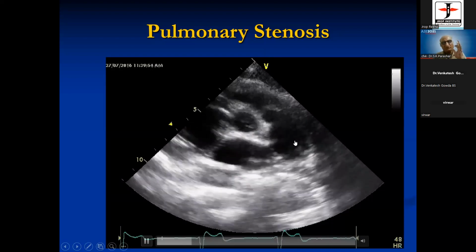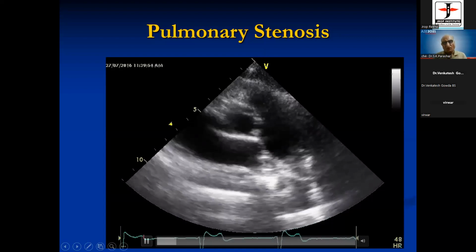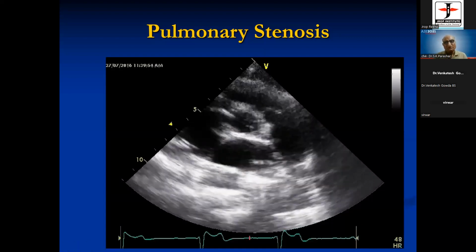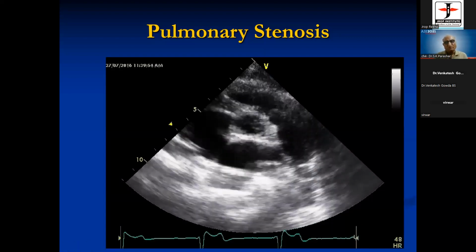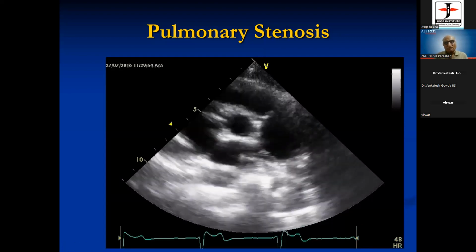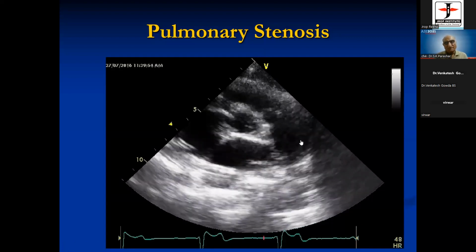So we have shown you all the valves, and the common feature was a doming of the cusp with restricted mobility, and here it is toward the pulmonary artery.